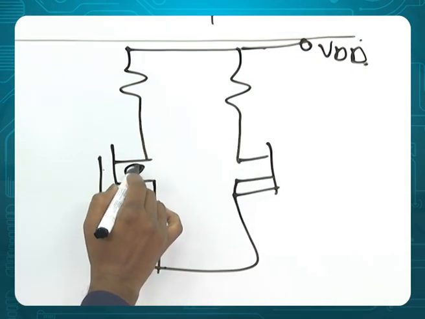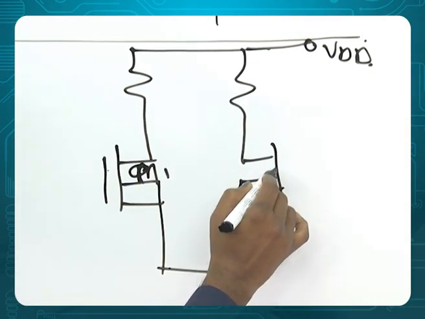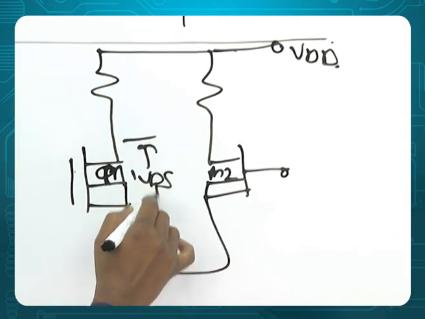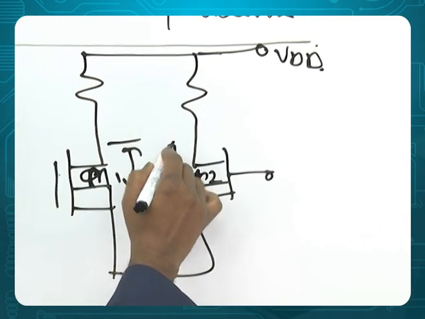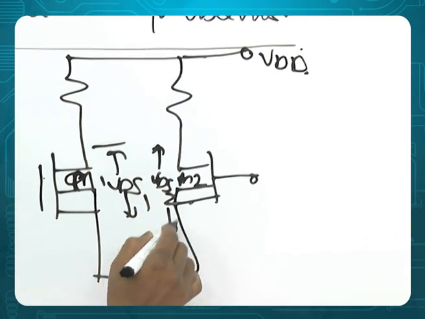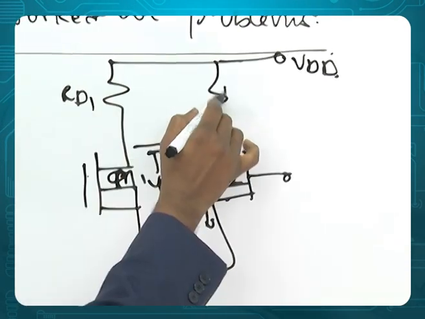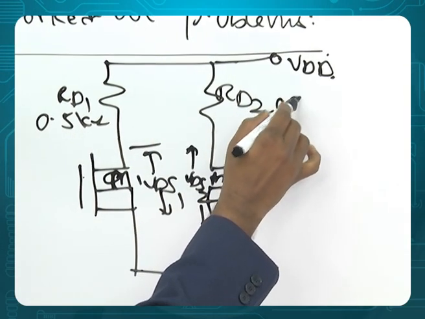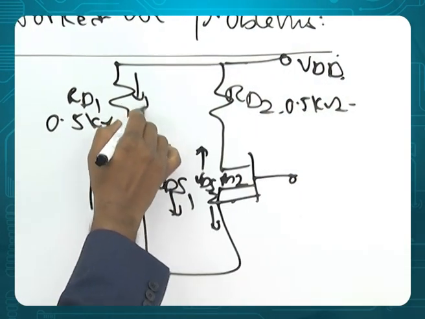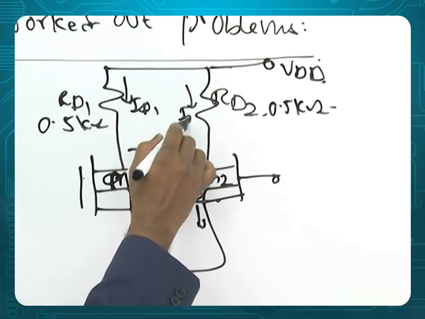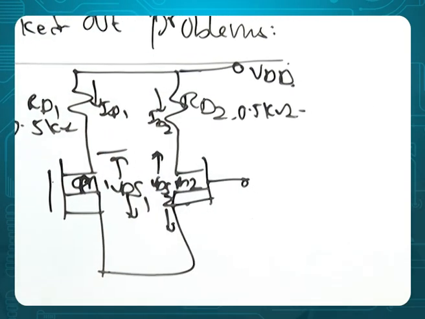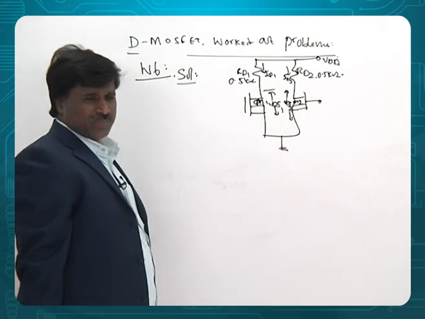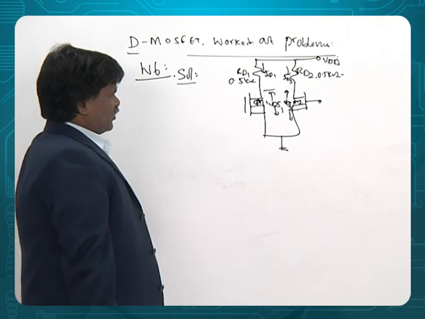Say this is M1, M2, VDS1, VDS2, RD1, RD2, 0.5 kilo, 0.5 kilo, ID1, ID2. That's what he wanted to say. That's the approximate idea.